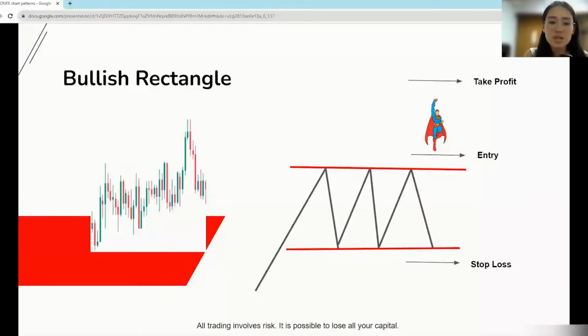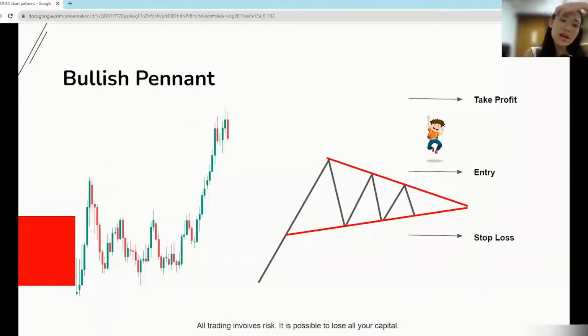Okay. Next, let's take a look at bullish pennants. For bullish pennants, some people call this a flag shape as well. So it's entirely up to you what you want to call it, but it's all about the same. So for a bullish flag, we have this shape here.